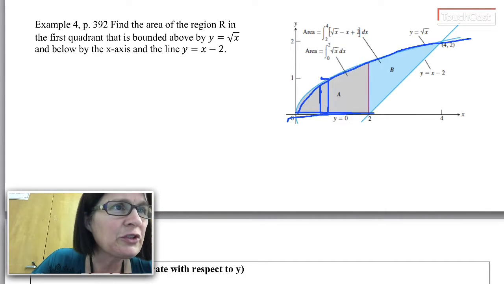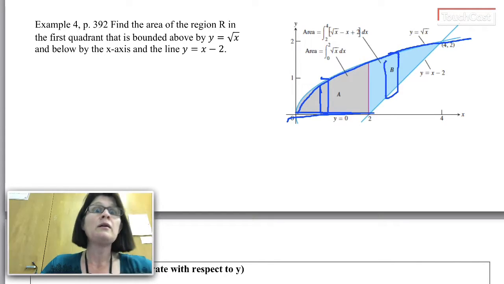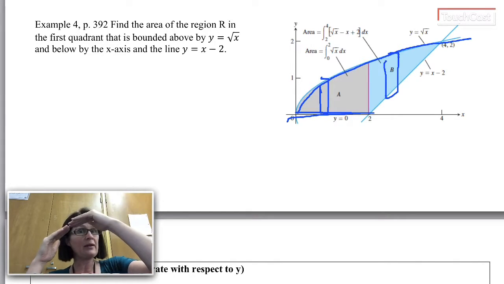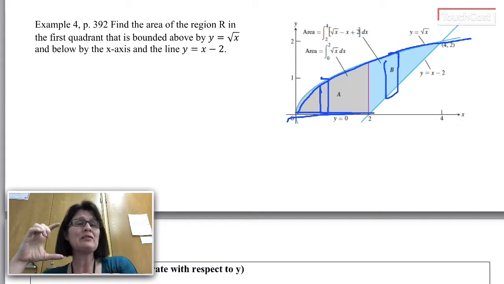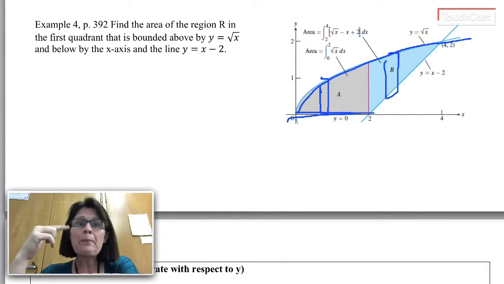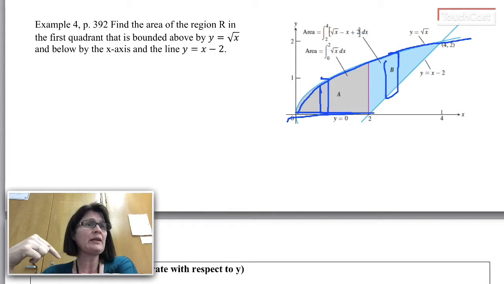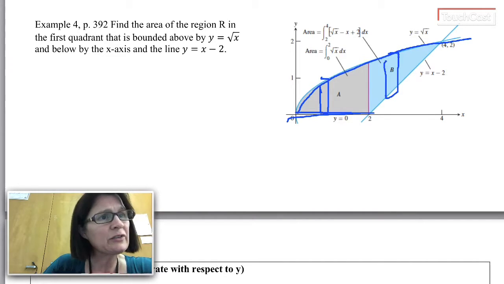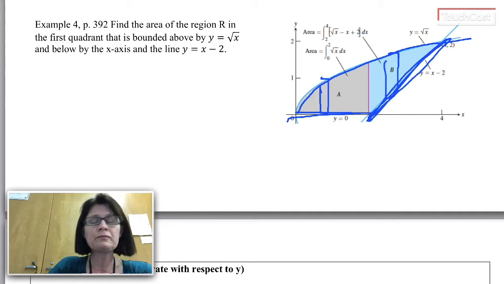But then look what happens if you try to draw a rectangle over in this part of the picture. The top of my rectangle is bounded by y equals square root of x again, so that part stayed the same. But what's the bottom boundary of my rectangle? The bottom of the rectangle is cut off in this section by the line y equals x minus 2.